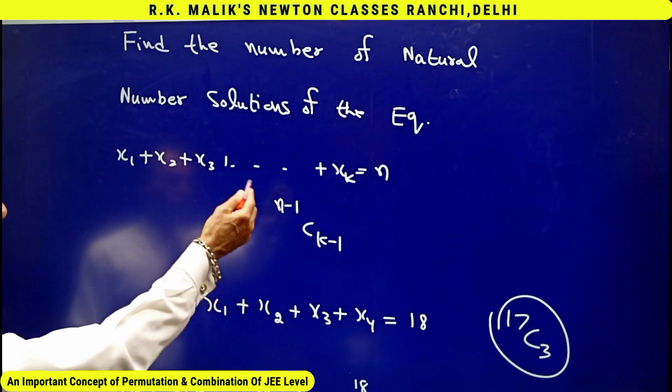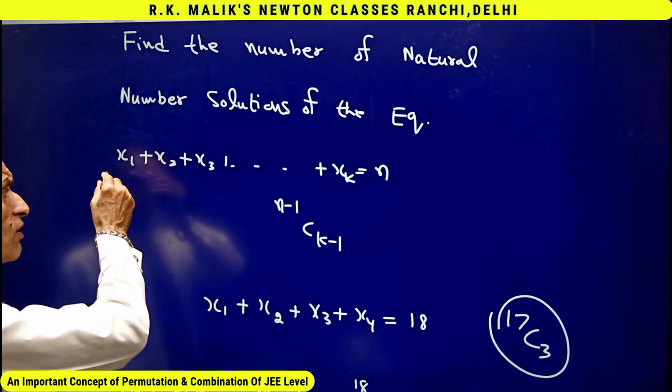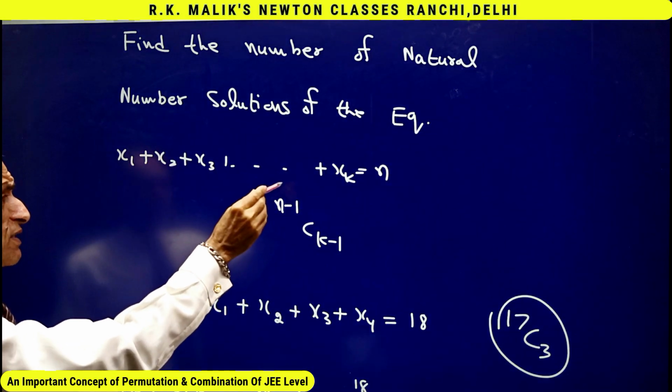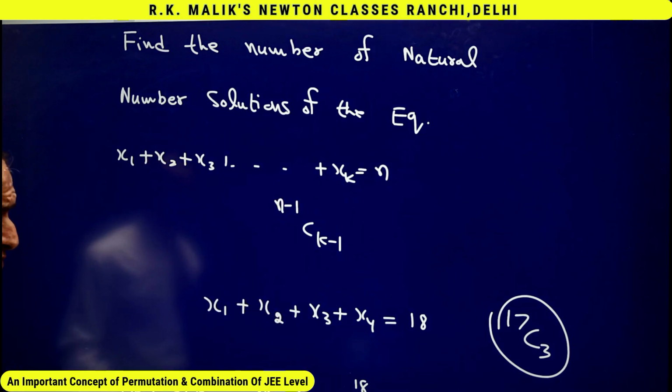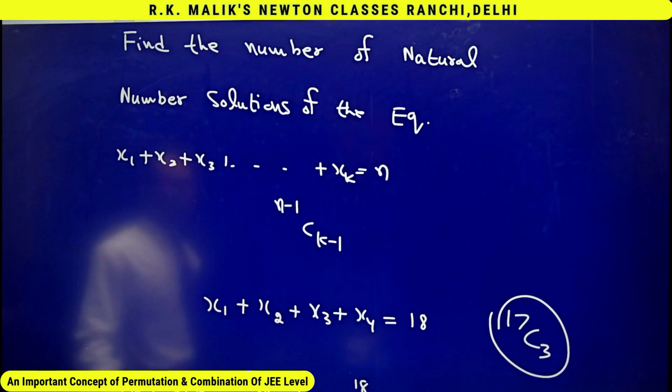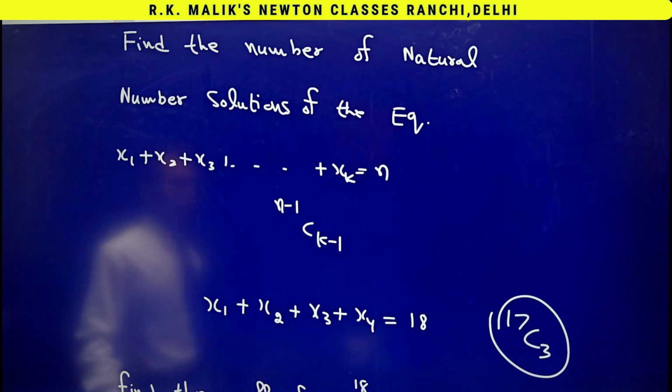That is, this formula is applicable only if there is no restriction from the upper side on these variables. For even more detail, you will have to see my video lecture of permutation and combination.